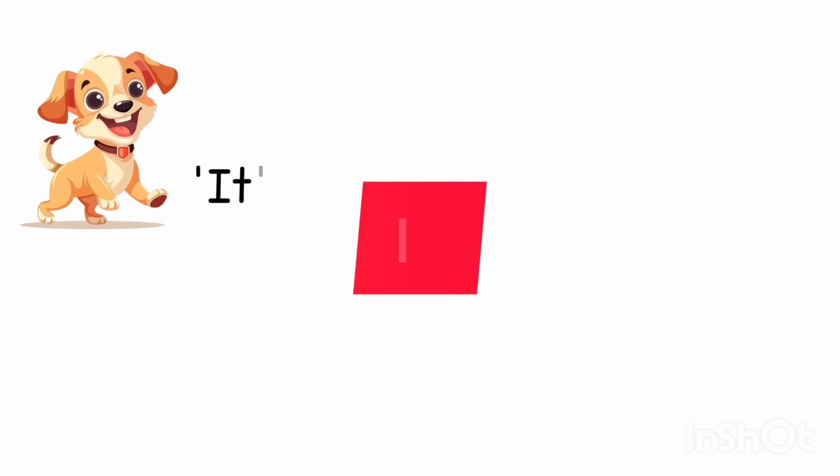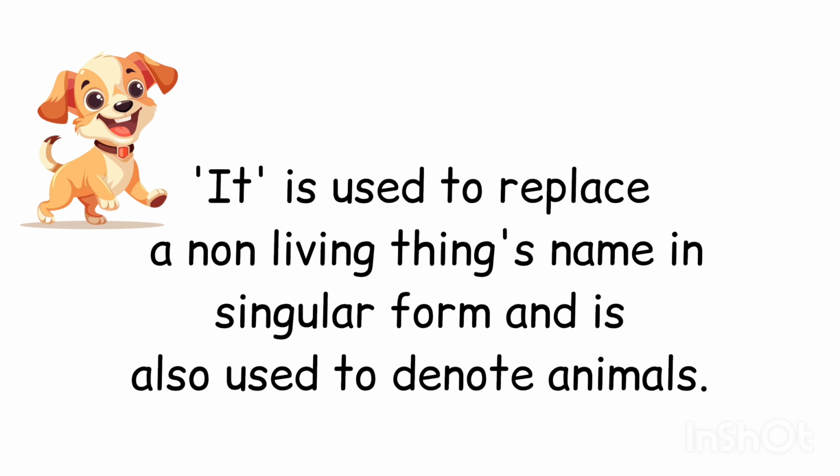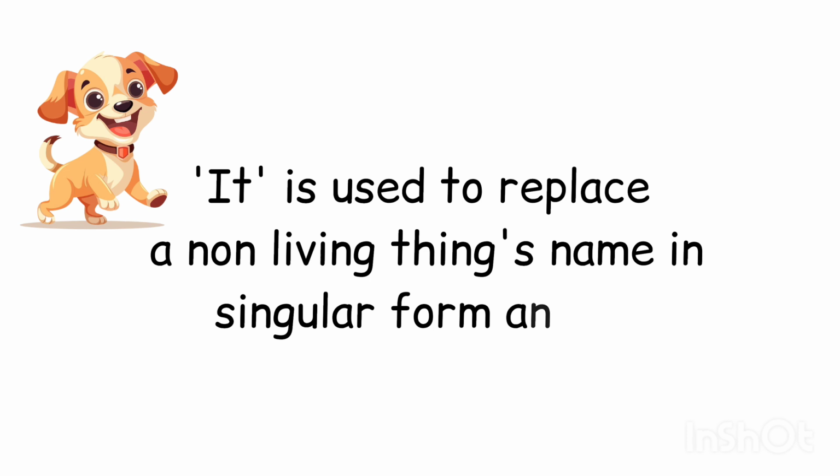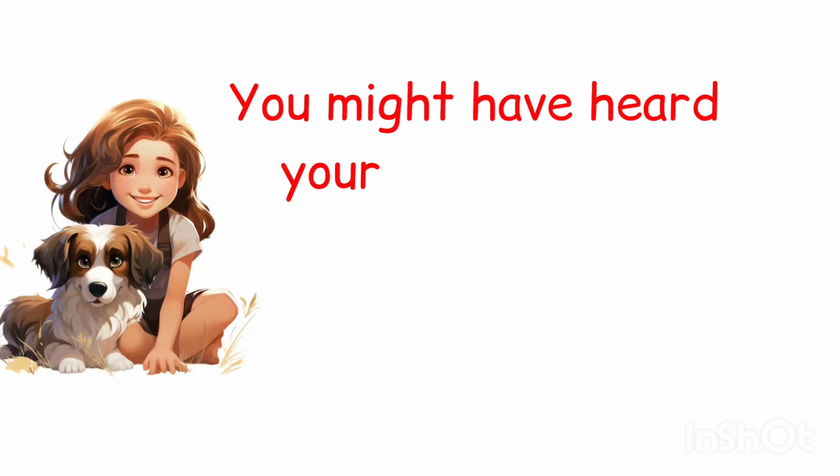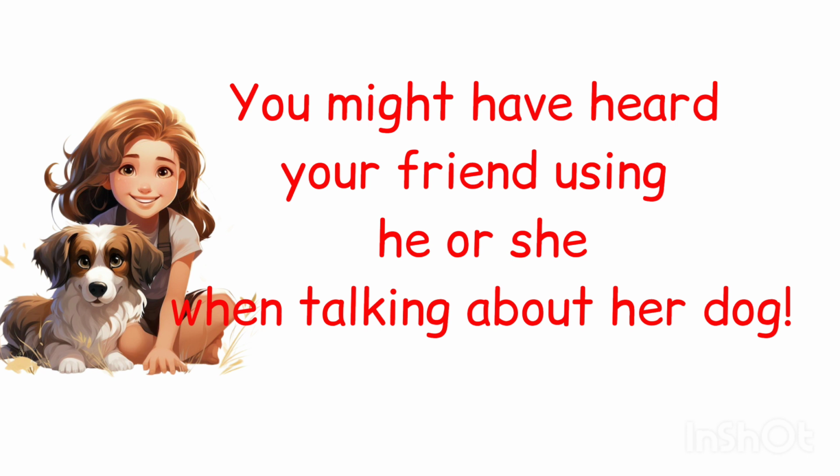Talking about it, it is used to replace a non-living thing's name in singular form and is also used to denote animals. But you might have heard your friend using he or she when talking about a dog.